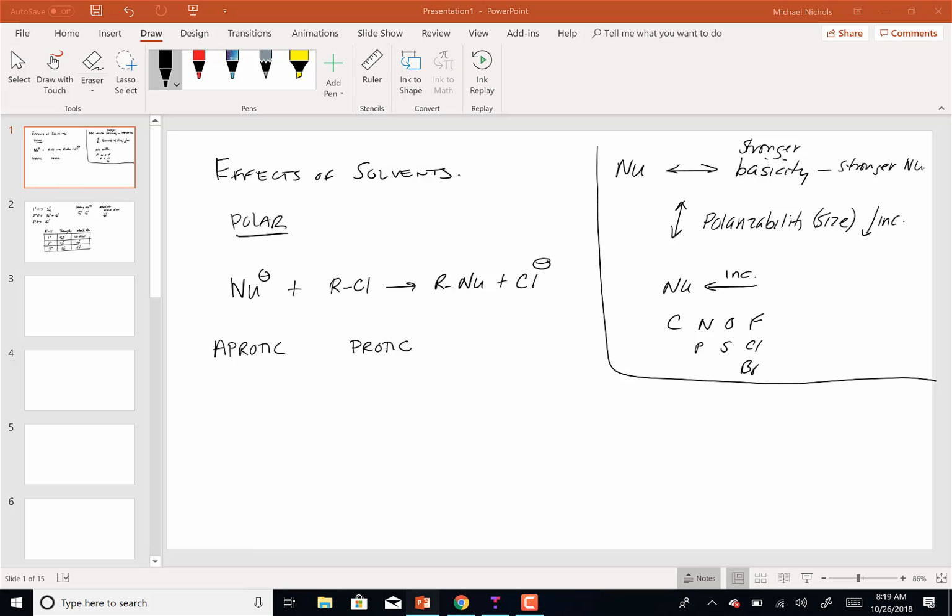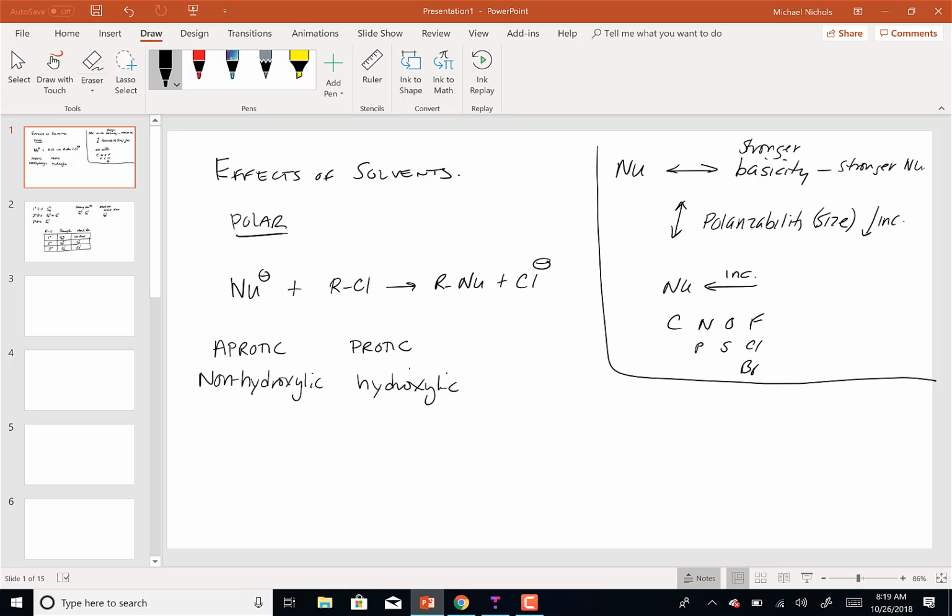So I will sometimes call these ones non-hydroxylic and call protic ones hydroxylic. Because not everything that's aprotic is really aprotic. You can deprotonate things.